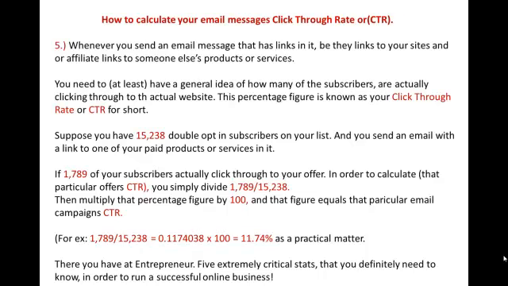And as it says at the bottom here, these 5 extremely critical stats you definitely need to know in order to run a successful online business. There's just no two ways about it, entrepreneur. If you don't know these stats, you probably don't have a successful online business, and you're probably not going to have one. And that's just the way it is.